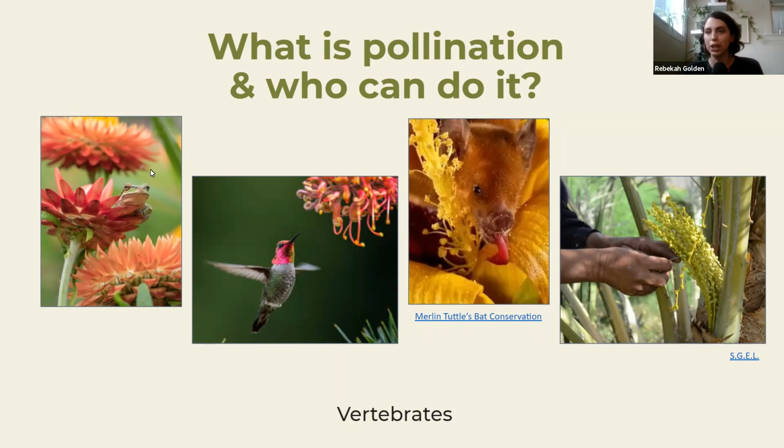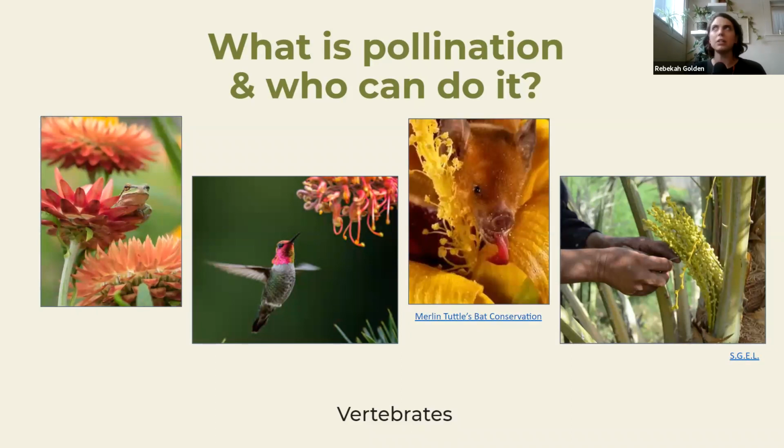Frogs don't generally gather resources from flowers and may not be on flowers very often, but every now and then might seek refuge or shelter on a flower and may in fact transfer some pollen around and provide pollination services. Some other vertebrates like hummingbirds are specifically pollinators because they're gathering nectar from flowers and transferring pollen. And there are lots of bats in the American Southwest that provide pollination services as well.